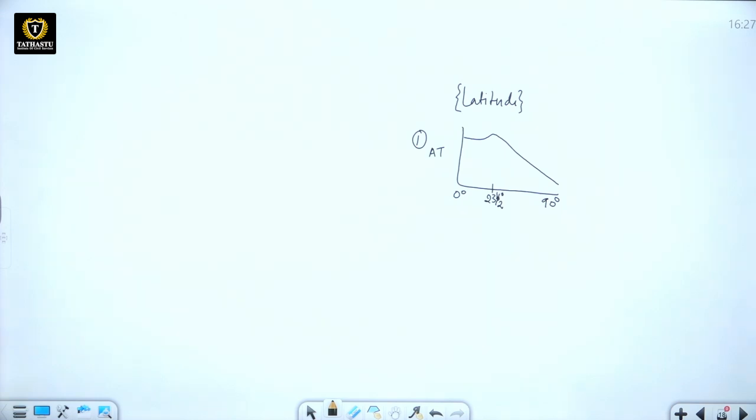Getting this thing? Next point, in altitude itself, diurnal and annual range of temperature is high on high altitudes, where air is thin and lighter.